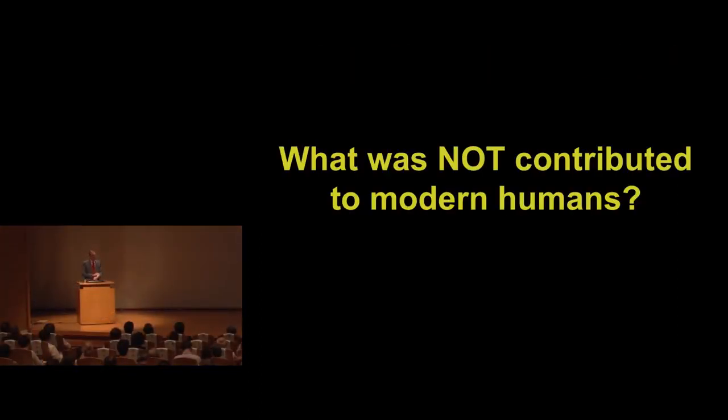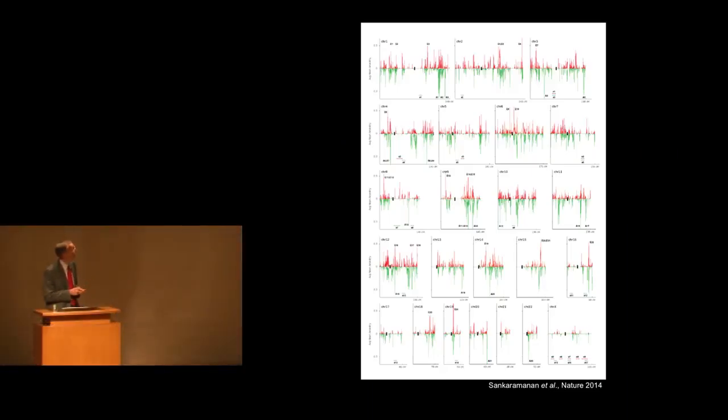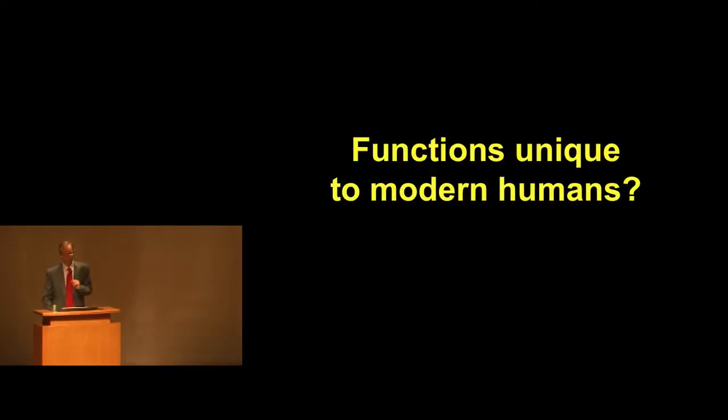So you can also now, of course, start asking what was not contributed to modern humans from Neanderthals, because we can now go across the whole genome, in Europe in red and Asia in green, and see where there are contributions, and ask for regions where we would statistically expect a contribution from Neanderthals, but we don't see one, or we see very, very little. So we see holes, if you like, in this.